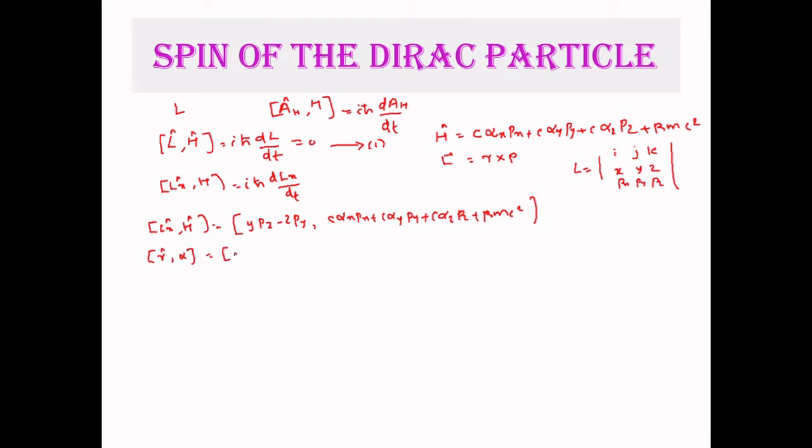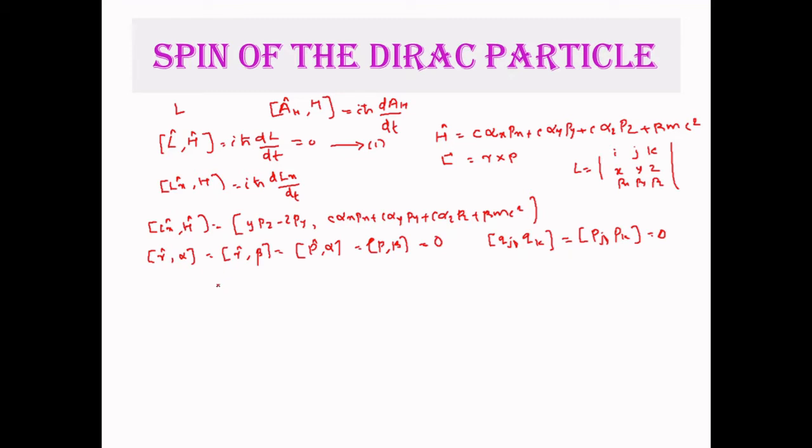So the commutators [r, α], [r, β], [P, α] and [P, β], the values of all these commutators are 0. And also the position operators and the momentum operators commute among themselves. So the commutator [Q_j, Q_k] equal to [P_j, P_k] equal to 0.